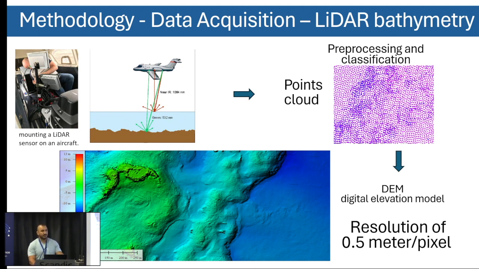This involves pre-processing and classifying point clouds to remove the noise, to create the digital terrain model, or DTM. We reach a resolution of 0.5 meters, 50 centimeters, which is very high resolution. We believed that we could reach up to 12 meters, but after the first survey, we got to 30 meters.